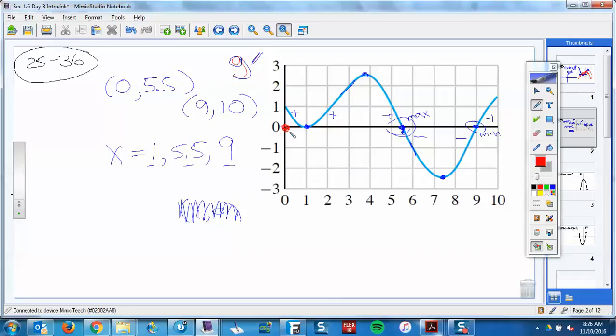So let's do it. What do we know? The G graph's got to go where? Up, flat spot, up, inflection point, keep going up to a max. With all that information, the G graph's pretty easy now.